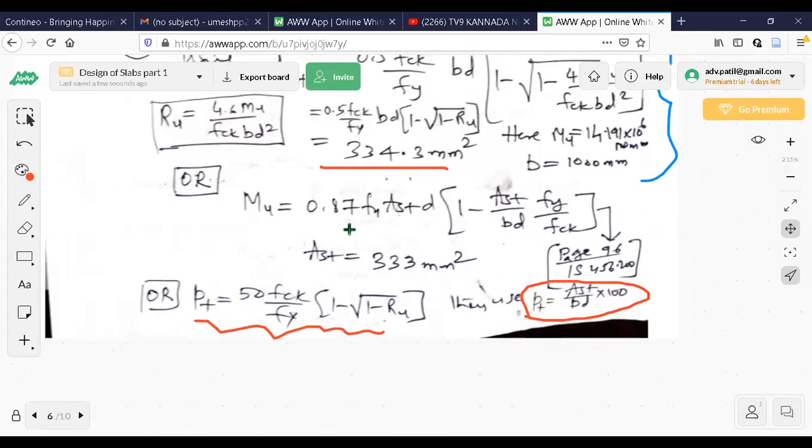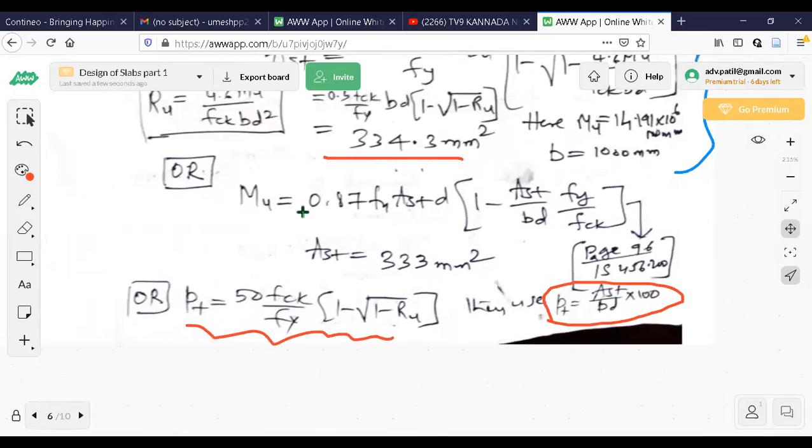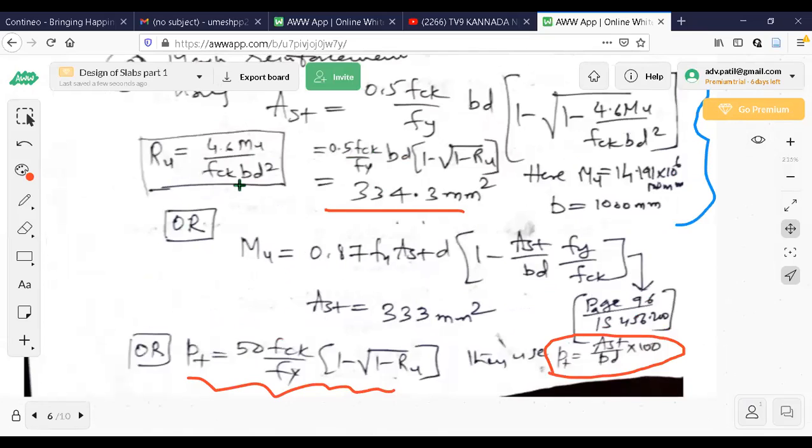Now I will suggest, don't use any of the three. Go with Table 2 of SP16. That will take hardly 2 to 3 minutes to find Ast.